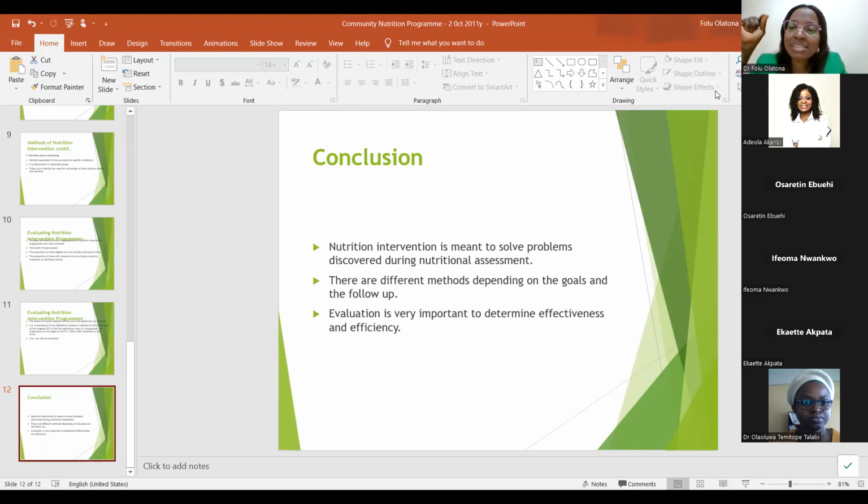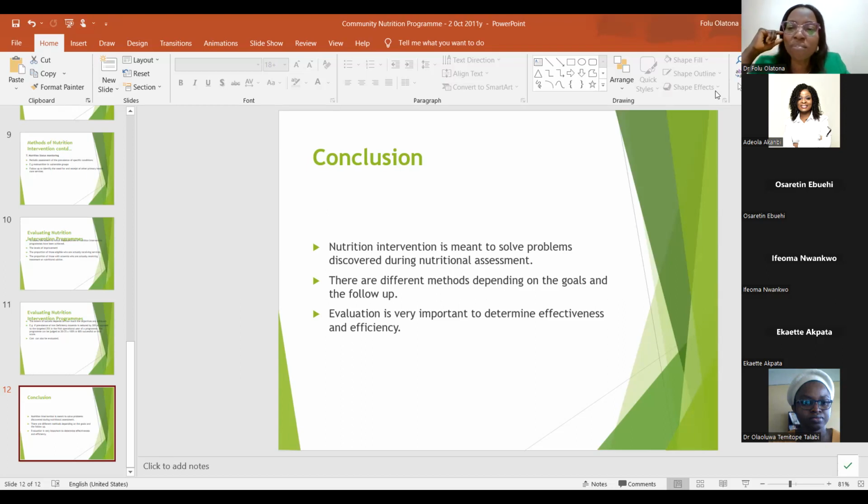Unless you assess somebody and you are sure that this person has micronutrient deficiency, proper nutrition practice should not give micronutrients just because it can be relevant, unless you are sure that it is actually relevant.